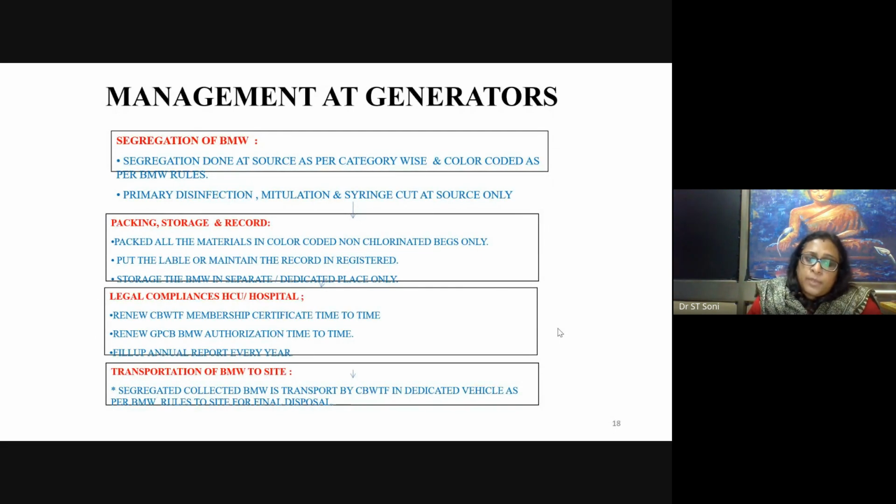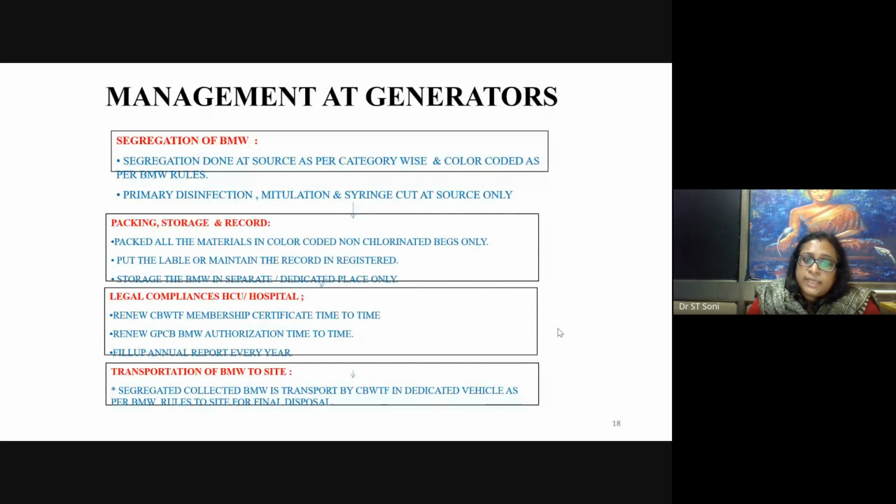Also, the common biomedical waste treatment facility, which is treating the final waste, needs to have a license from the state pollution control board, and there should be an established MOU, a memorandum of understanding, between the generator of the waste, the occupier, and the common biomedical waste treatment facility.